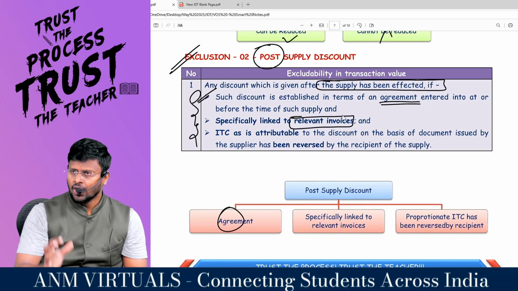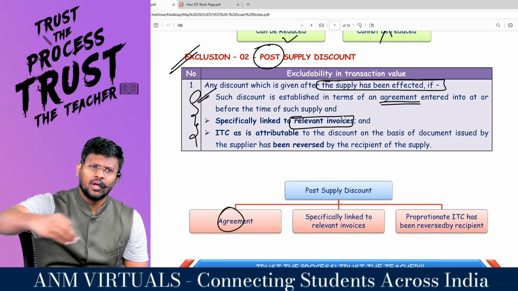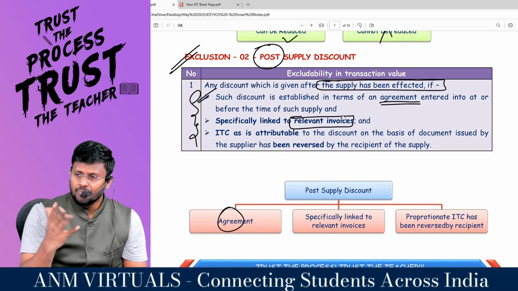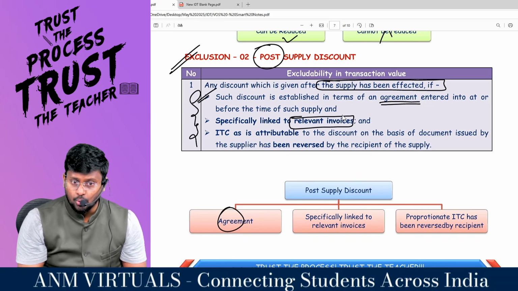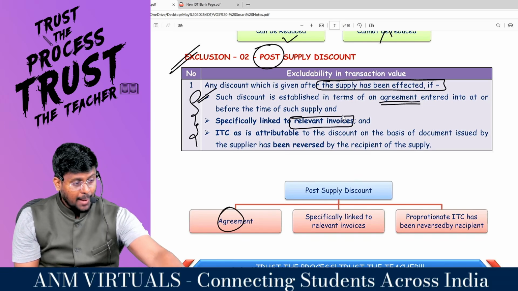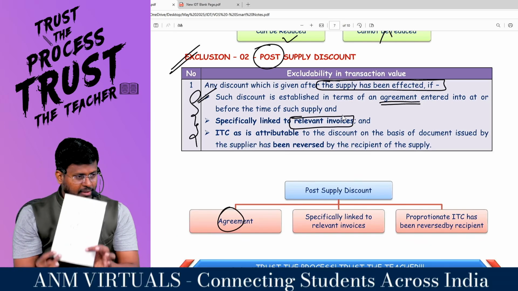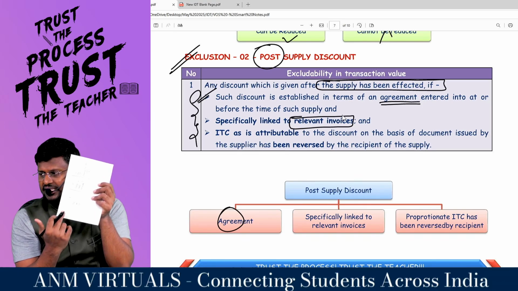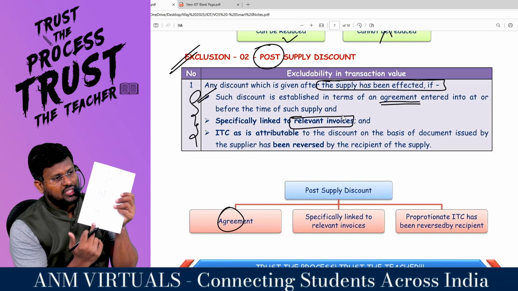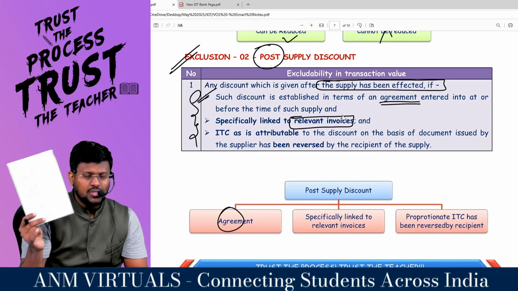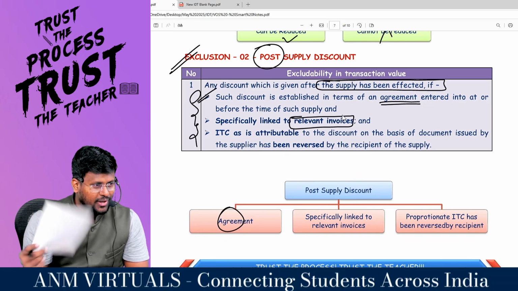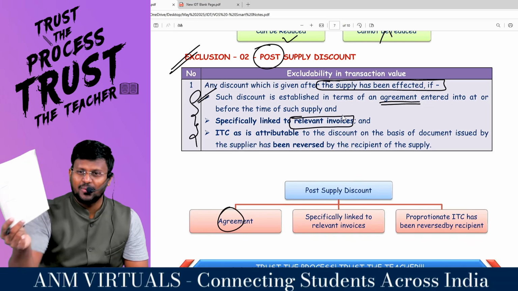That means for the full supply of the whole year, you are entitled to get 1% discount, or cash discount, that is not post-supply discount. It should be applicable to relevant invoices. That means if I am raising an invoice, in that invoice I should note that these invoices are subject to post-supply discount. If this many goods have been sold in future, you are entitled to get the discount.